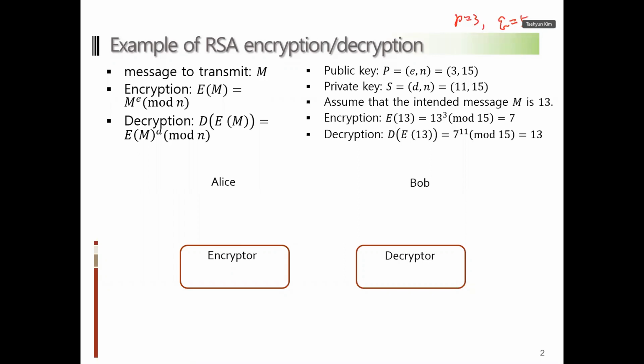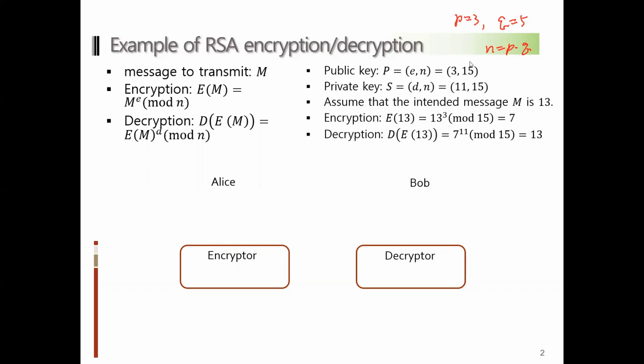If we multiply these two, we obtain this value n. So n is obtained by just p times q. Of course, this 15 is very easy to factor. But if these two prime numbers are very large, then it will be very difficult to find the factors.